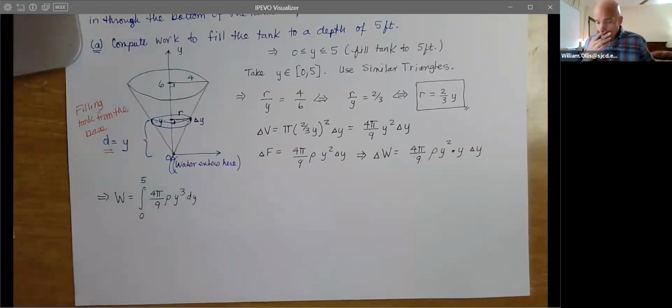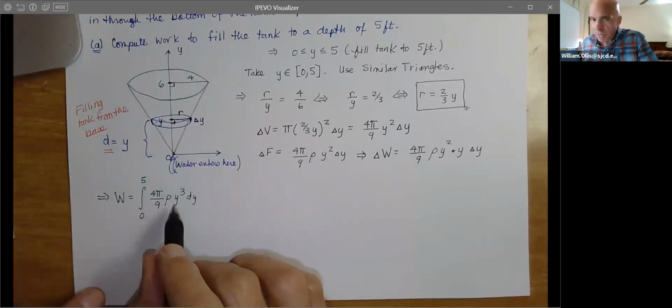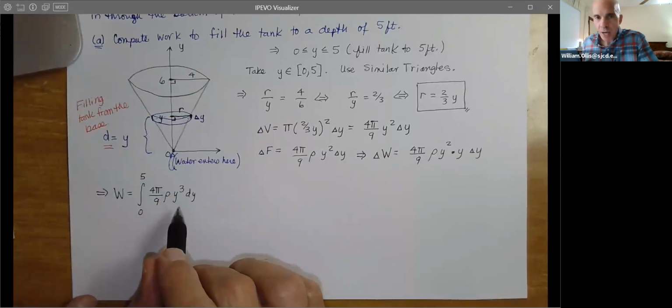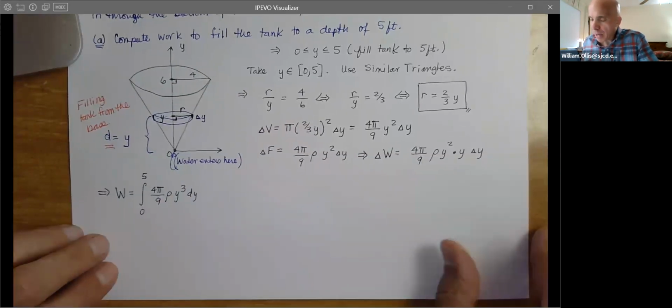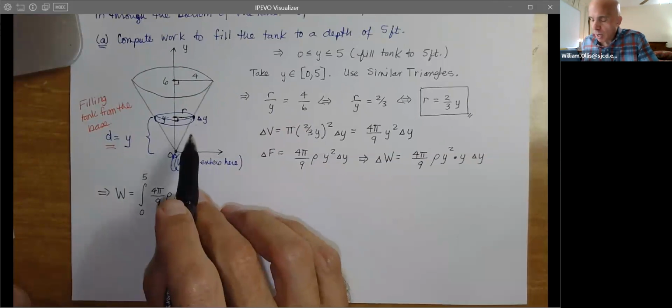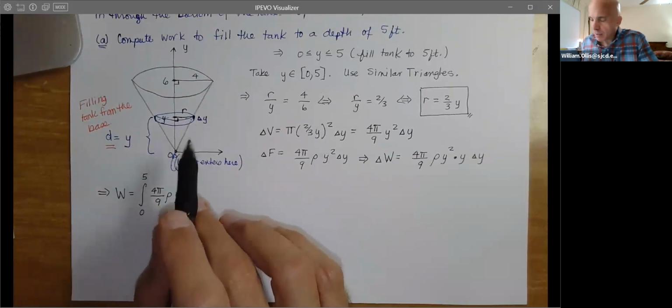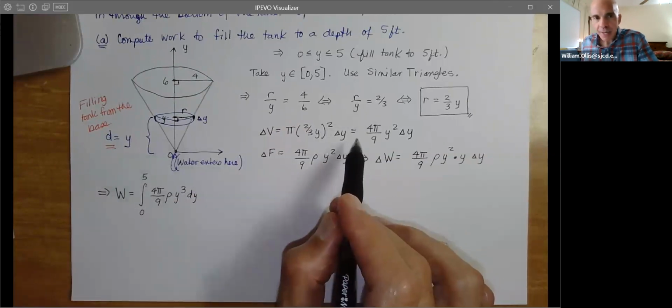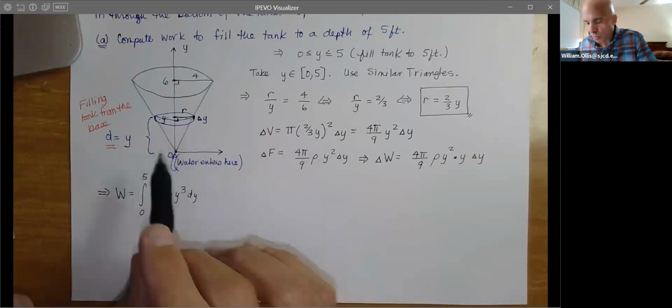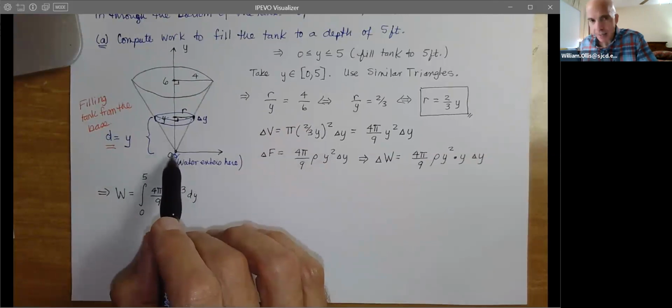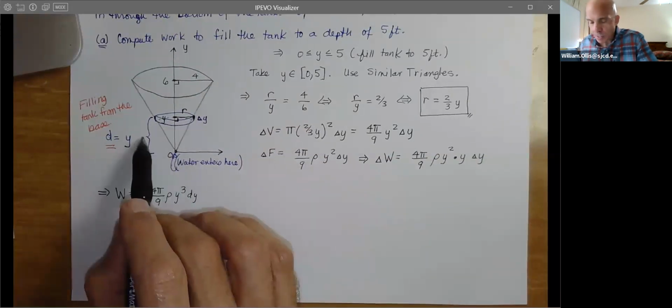Now, again, the integrals that we normally get are not overly complicated, but we have to think about the logic of what's going on here. We're moving a slab of a given volume a particular distance. And since we're filling the tank from the base, the distance will be here.